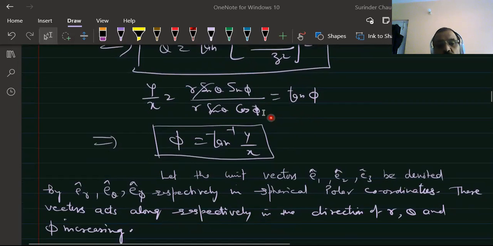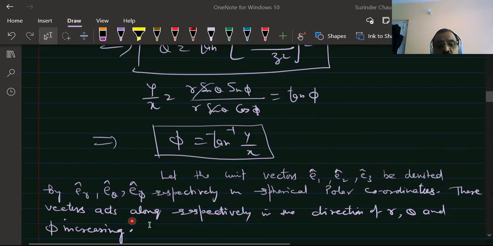Now we will find the unit tangential vectors to the curves in the spherical polar coordinates. Let the unit vectors E1, E2, E3 denote the unit tangential vectors in curvilinear coordinates. In the spherical coordinates, they will be denoted by E_r, E_theta, E_phi.